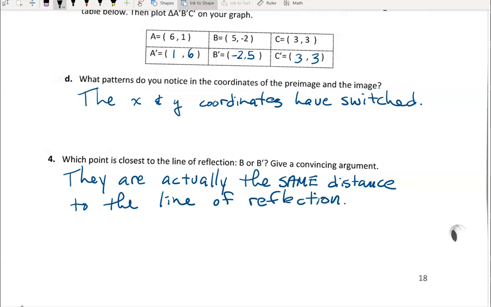Okay, and this is similar to what we did for reflecting over horizontal and vertical lines as well. The images, or the child, is exactly the same distance from the pre-image or the parent. All right, let's move on.